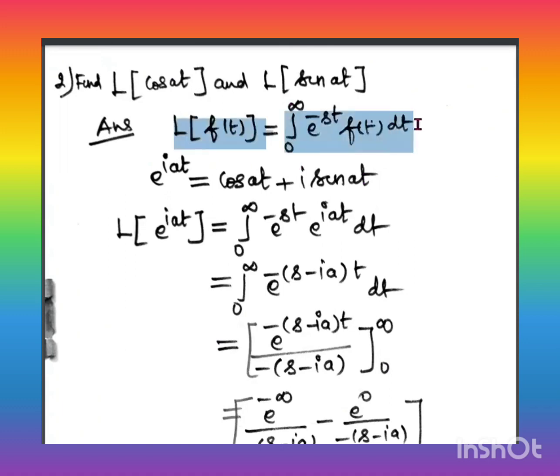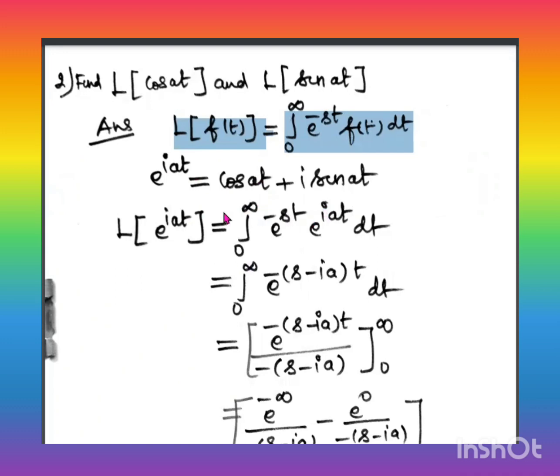L of f of t is equal to integral over the limit 0 to infinity e power minus st f of t dt. Here we have to know that e power iat can be written as cos at plus i sin at. That is the formula.